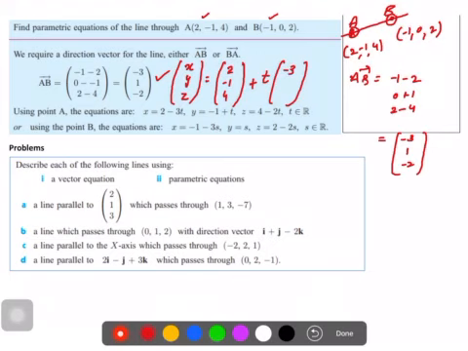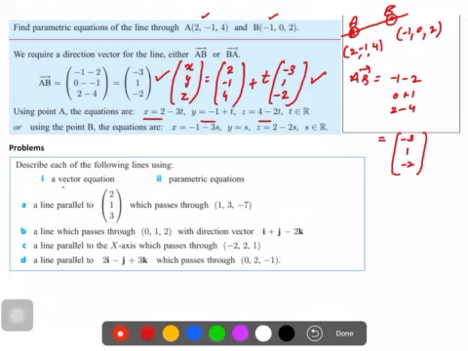So I can say (-3, 1, -2). This is the required vector equation, and if you convert it into separate points x, y and z, this becomes your parametric equation.